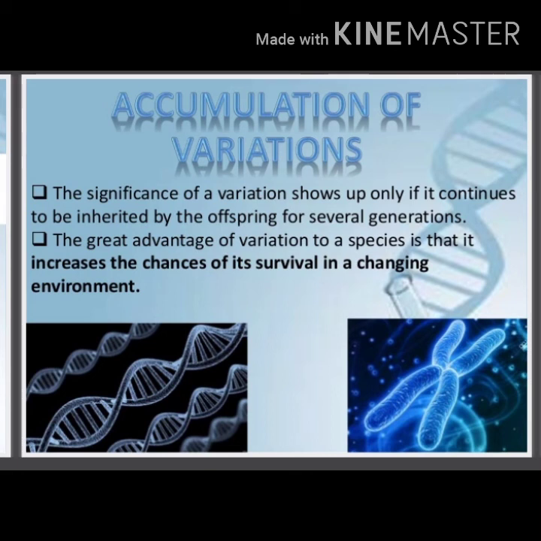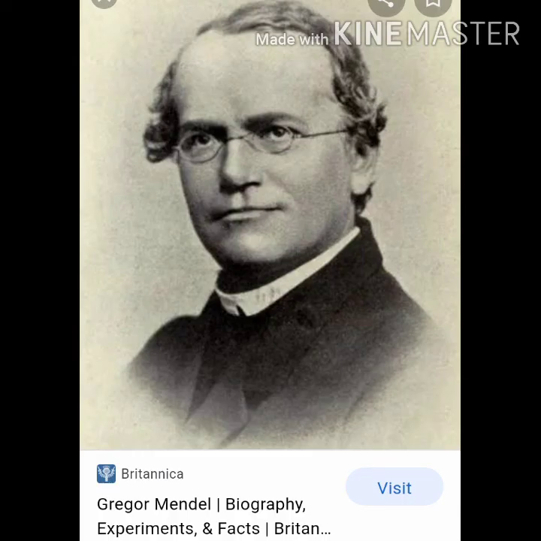The concept of heredity is not a new one. From ancient times onwards, people used to conduct selective breeding among horses and cattle to produce new ones. But the scientific principles which govern heredity were not known till the experiments and findings of Gregor Johann Mendel. Gregor Johann Mendel is considered the father of heredity.